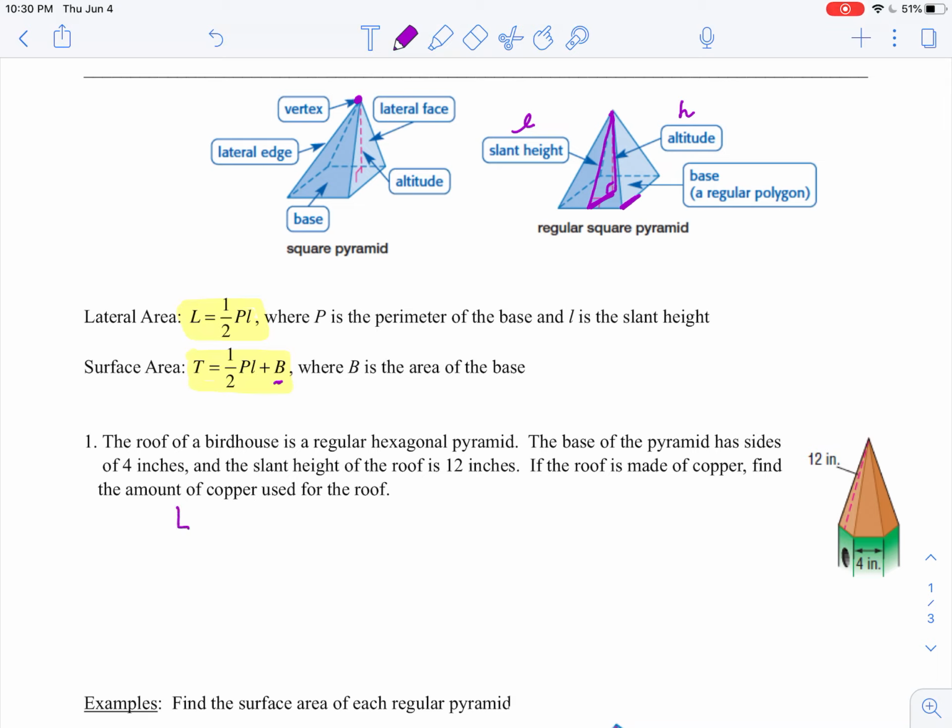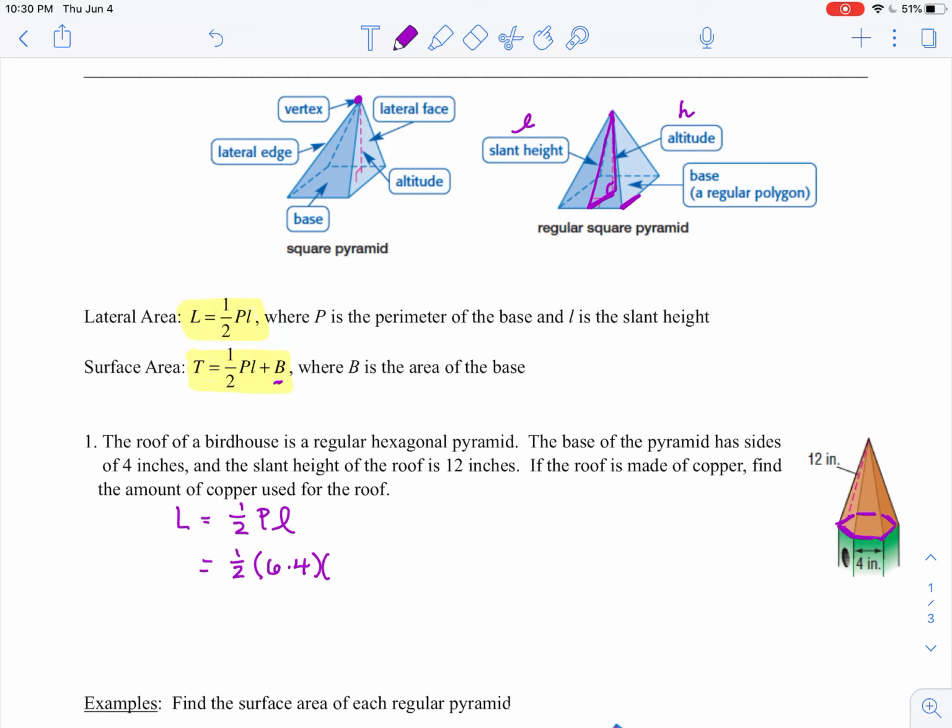So lateral area is 1/2 perimeter of the base times the slant height. So we have 1/2 times, if we have a regular hexagonal base, then we have 6 sides. Each of them are 4 inches. So 6 times 4, or 24, is our perimeter.